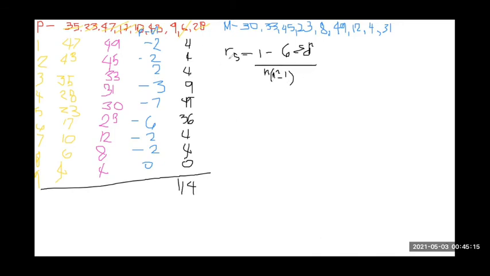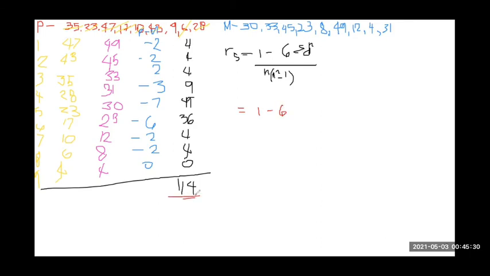So let's plot. We have 1 minus 6 times the summation of d squared.